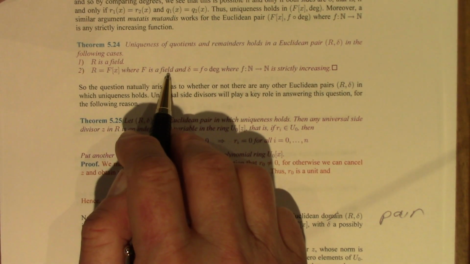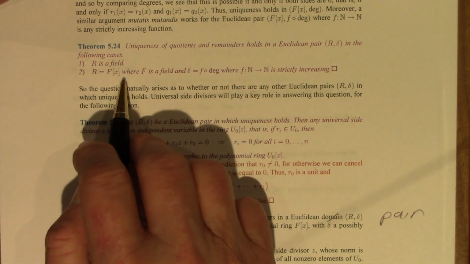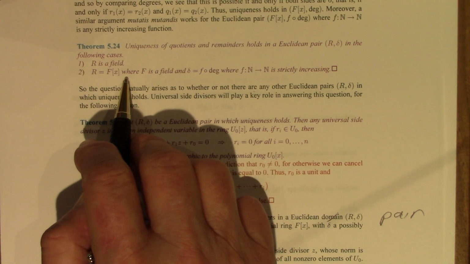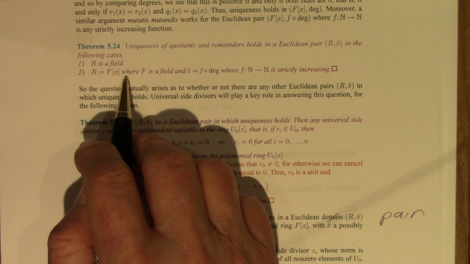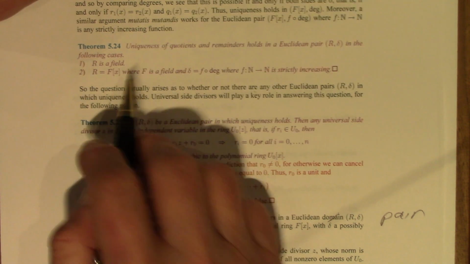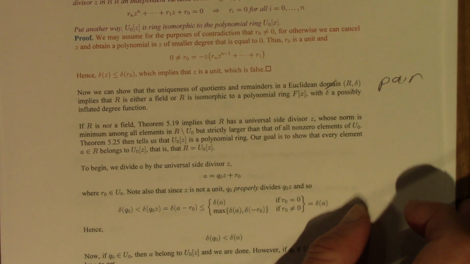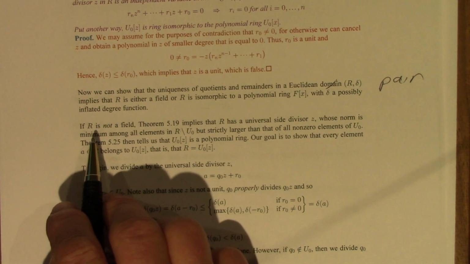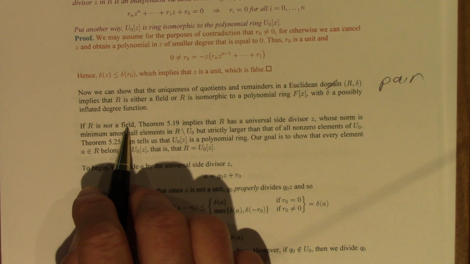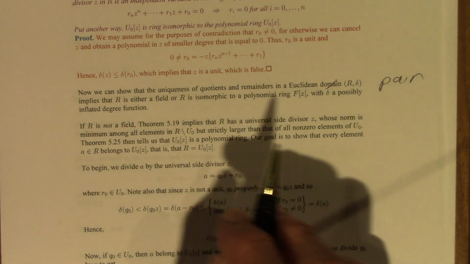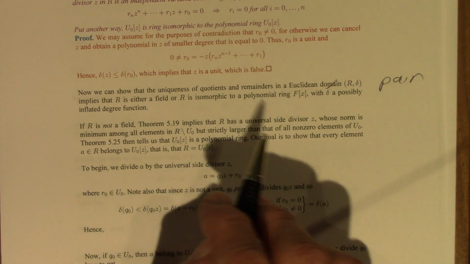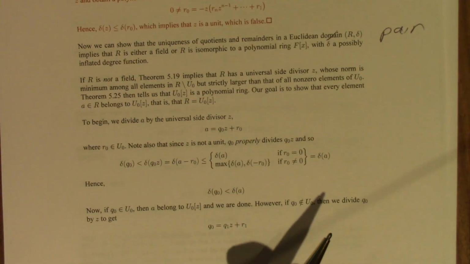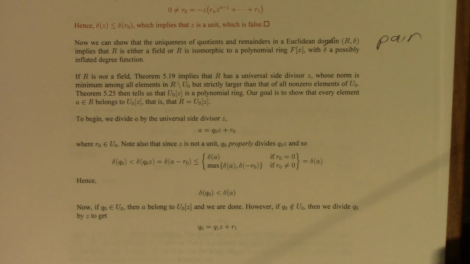So when I said before this was not an if and only if, this just gave us 2 cases of uniqueness. Turns out that that is all the cases of uniqueness. So all we have to do, in a sense, is assume that R is not a field and show that it must be a polynomial ring, and the norm is what we might call an inflated degree function.